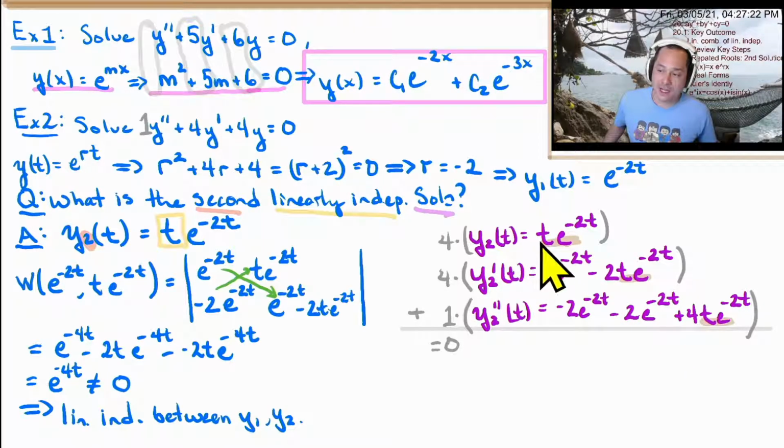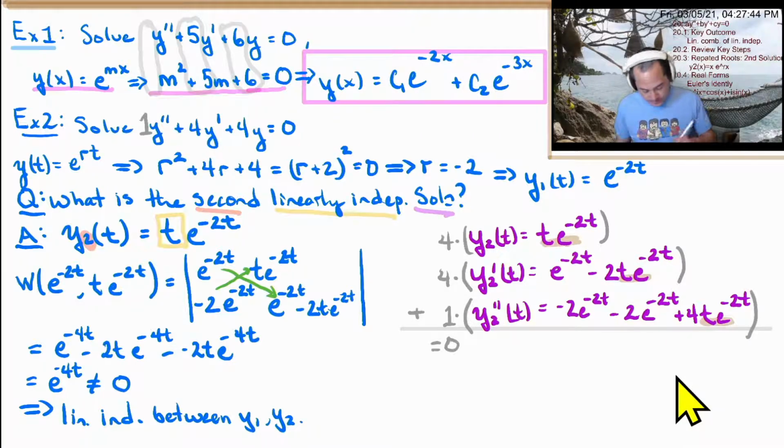From y, I get 4 te to the negative 2t. But then from y prime, how much do I get? I get 4 times y prime, so I get 4 times negative 2 te to the negative 2t. So this would be negative 8 te to the negative 2t plus 4 plus another 4. I should get 0. Yep.